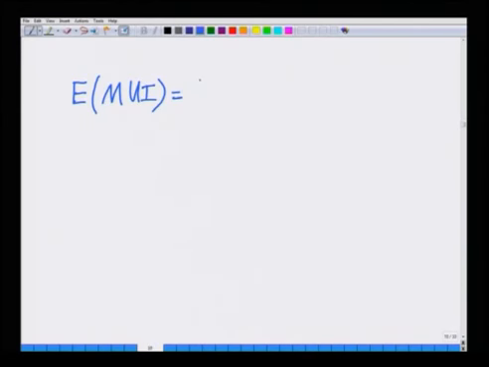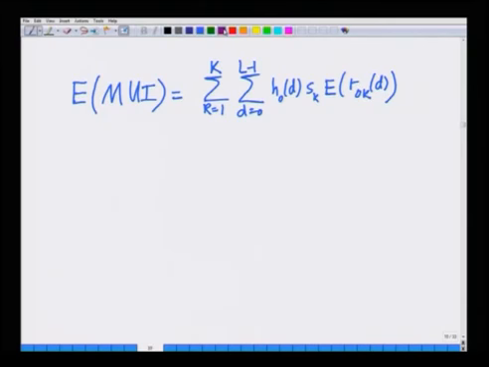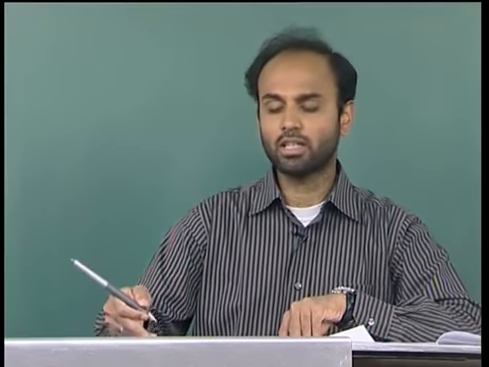No harm in writing this down: summation k equals 1 to capital K, summation d equals 0 to L minus 1, h 0 of d, Sk, expected R 0 k of d. Each expected R 0 k of d is 0, hence this is a summation of zeros, hence this is 0. So, this is interference with expected value 0, and we have seen this several times before, so there is no need to belabor that point.